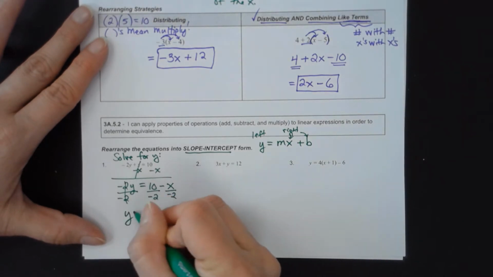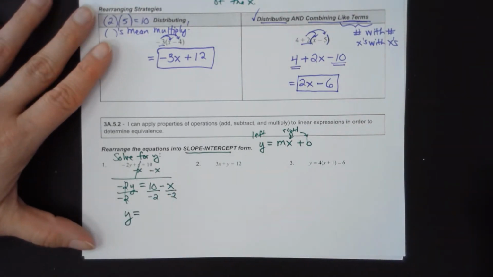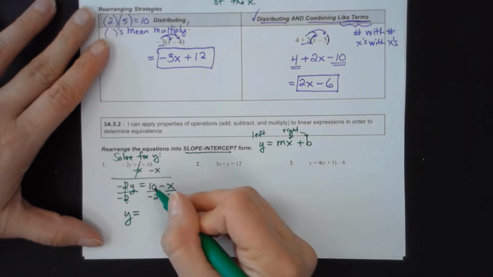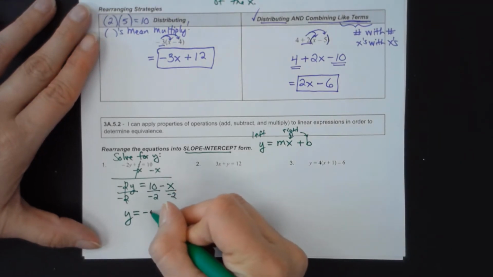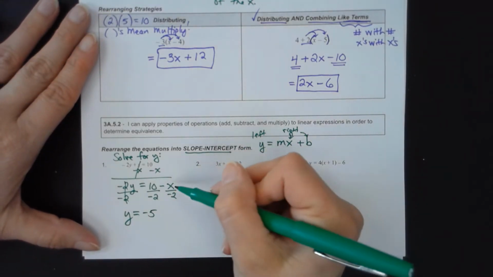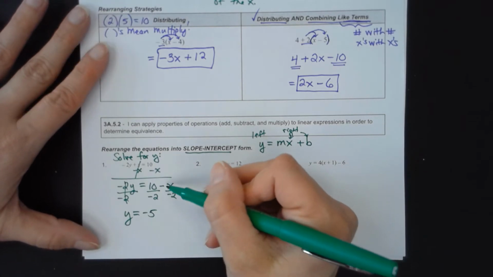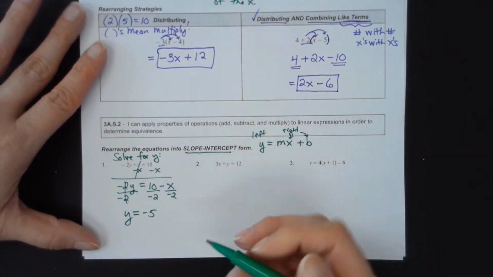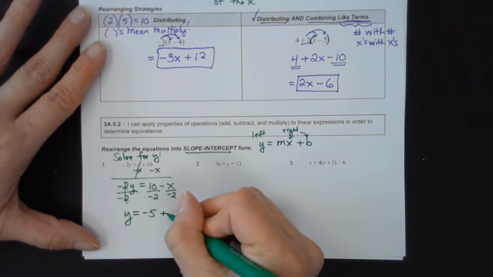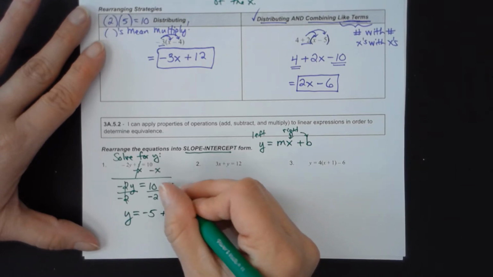So the y is now alone. 10 divided by negative 2 is negative 5. Over here, this second term, a negative divided by a negative is positive. And then it's 1.